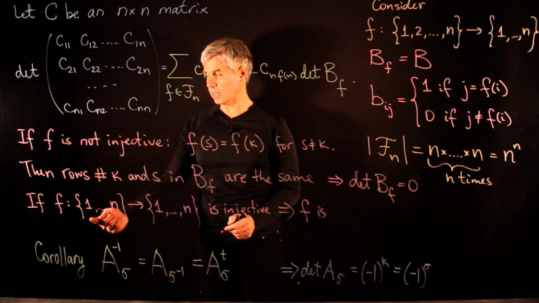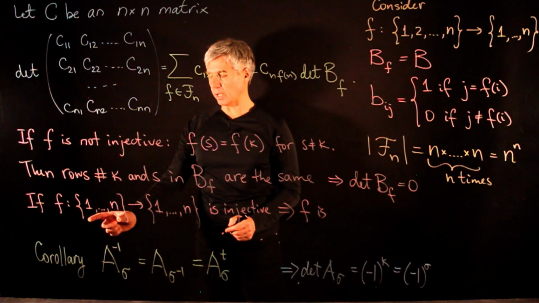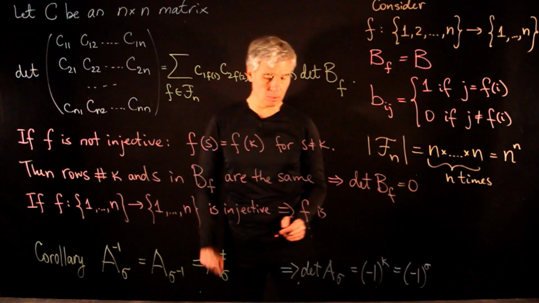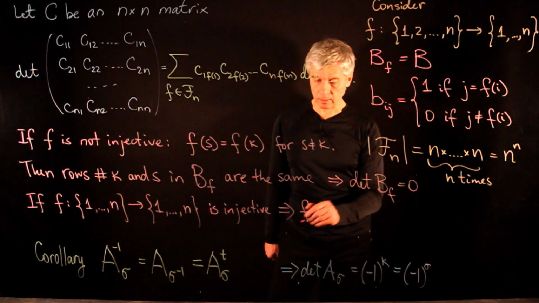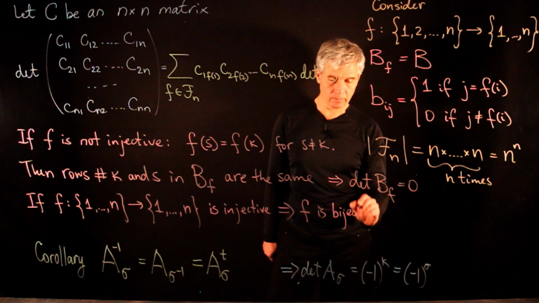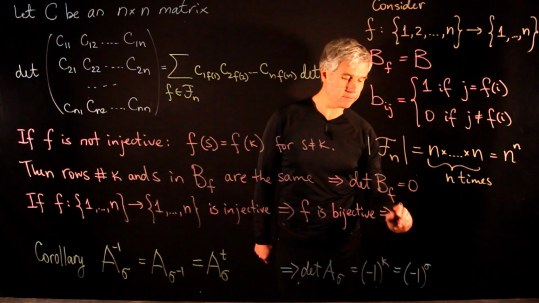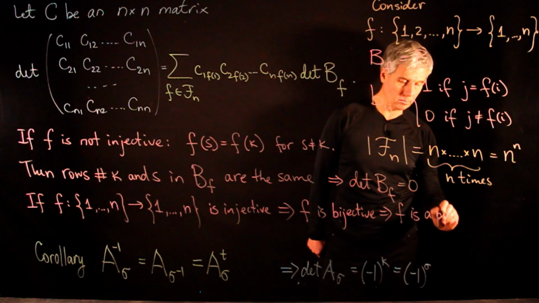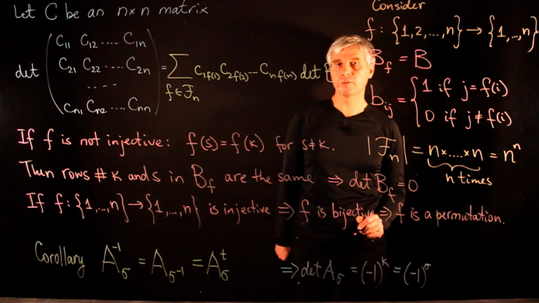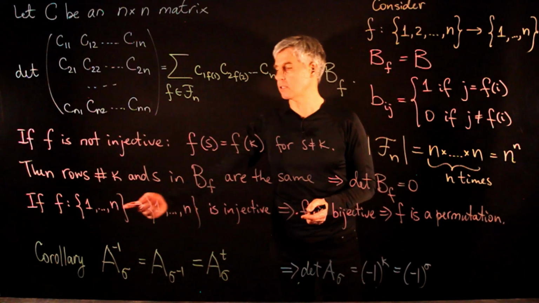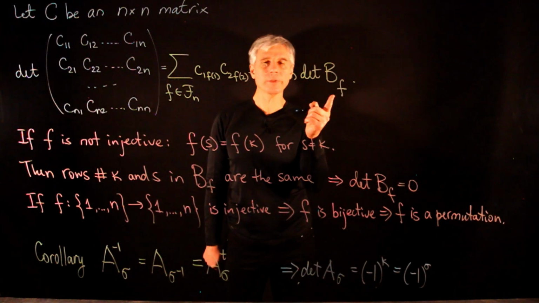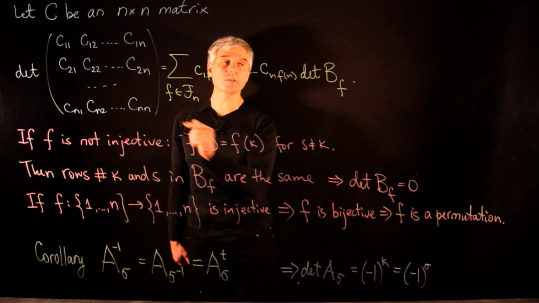Because if we construct an injective map from the set of n elements to the set of n elements, then all elements should be in the image. So if it's injective and surjective, then this function is bijective, which means that f is a permutation. Because this is the definition of a permutation. A permutation is a bijective function from this set to itself. So we see that in this formula we can drop all the terms that correspond to non-injective functions.